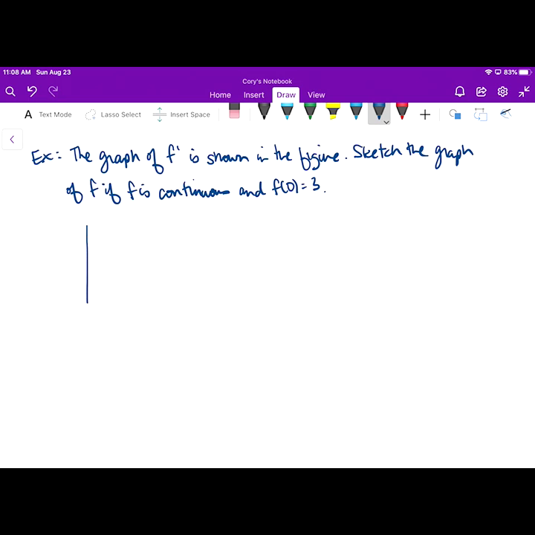Okay, so this is going to be your graph of f prime. And I want you to use it to sketch the graph of f.